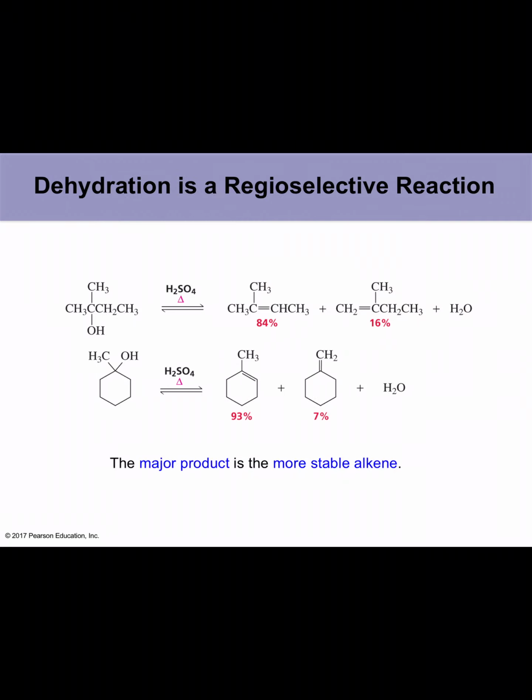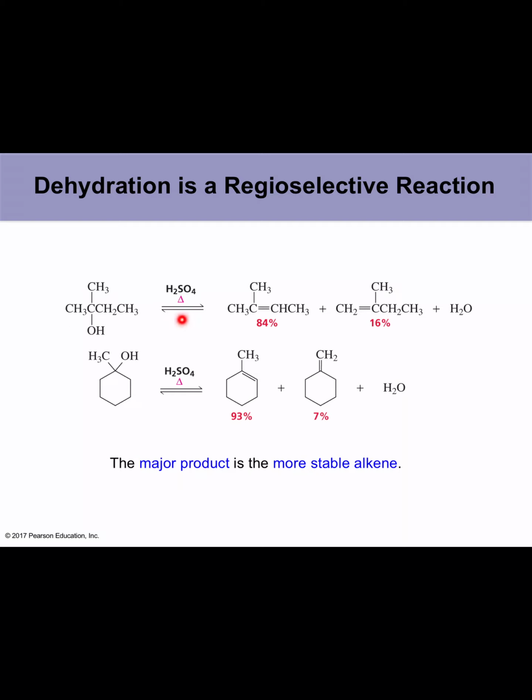And this dehydration is a regioselective reaction. What it means is if you have an unsymmetrical alcohol to begin with, you will get 2 products. And one of these is going to be a major product, the other one would be a minor product. Now here you have a tertiary alcohol.